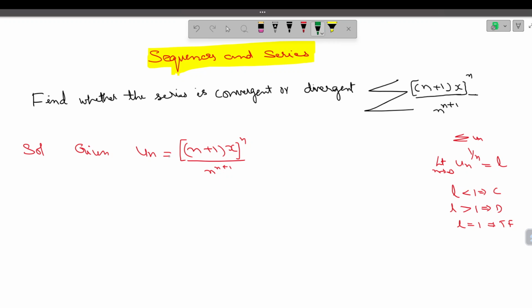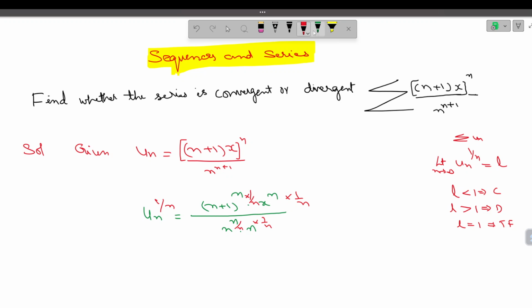Let me write it in split form: (n plus 1) to the power of n into x to the power of n, over n to the power of n into n. Now raising both sides to the power of 1 by n.